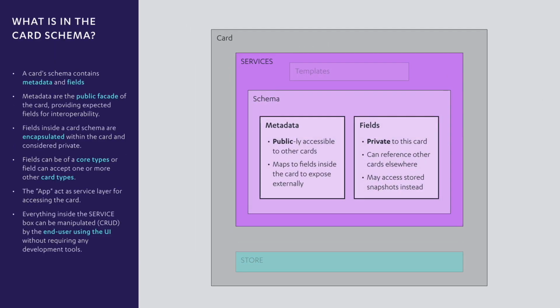So let's take a look at the schema aspect within the card services. A schema has really two components. There's the public face of the card and then the private implementation of the card. One way to think about it is that sometimes you want to have information that has a lot of detail. An invoice is a good example of that. We have some line item detail and it points to certain products I have, or there's some discount or some special notes to accounting and stuff like that. That will be the private fields.